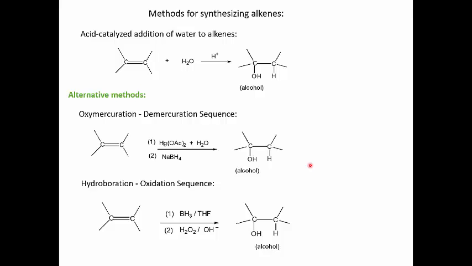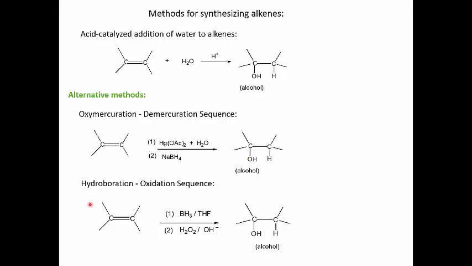Now, this compound is not isolated, but instead we treat it with sodium borohydride, which is a reducing agent, and in this reduction the mercury is replaced by hydrogen to form an alcohol product.